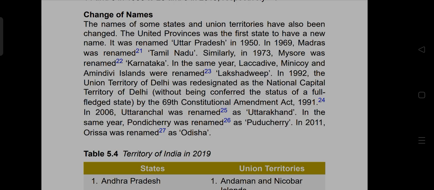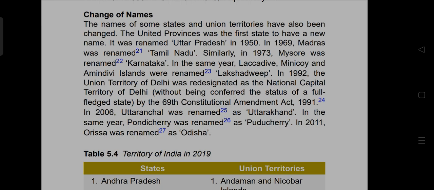The United Provinces was the first state to have a new name. It was renamed as Uttar Pradesh in 1950. In 1969, Madras was renamed as Tamil Nadu. Similarly, in 1973, Mysore was renamed as Karnataka. In the same year, Lakshadweep, Minicoy, and Amindivi Islands were renamed as Lakshadweep.